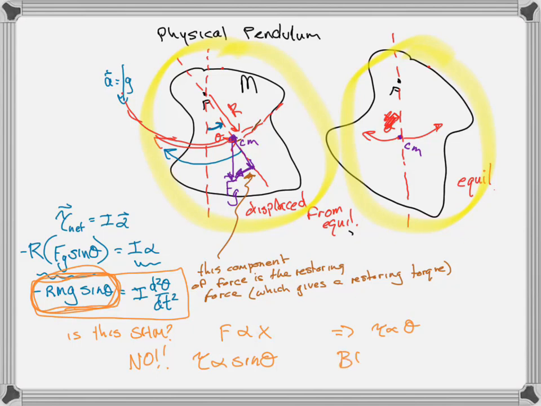But we can use what's called the small angle approximation. Minus RMG sine theta is equal to I d squared theta dt squared is not simple harmonic motion. It's harmonic motion, it's not simple.